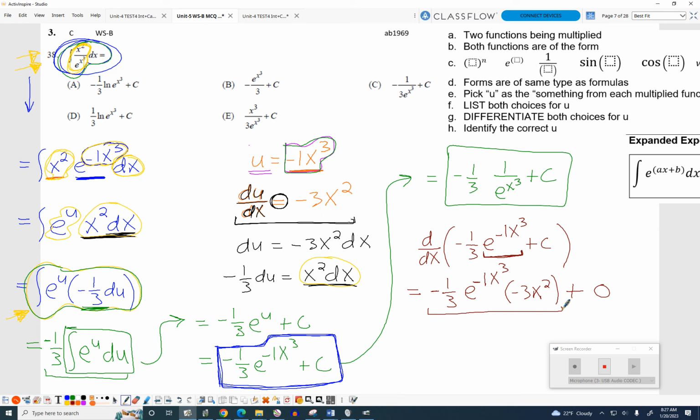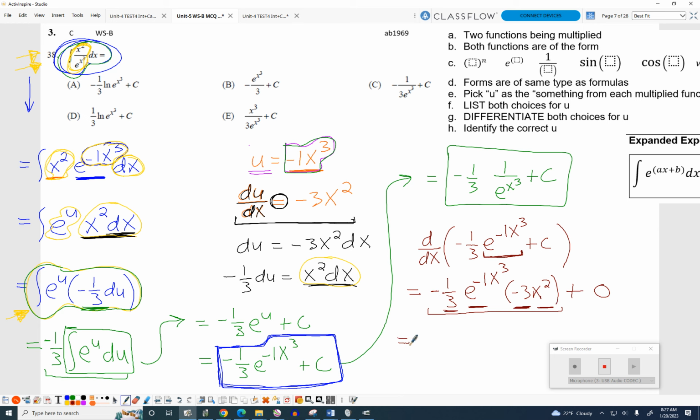Negative 1/3, e to the negative 1x cubed, and then negative 3x squared. Can you see two of those factors that really do combine quite conveniently? Negative 3 and negative 1/3. Good, they combine to make 1. Three points for Jackson.